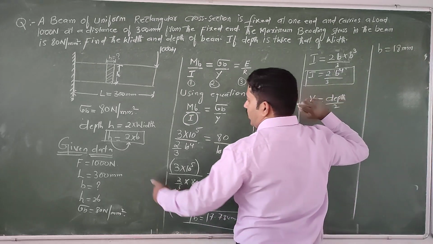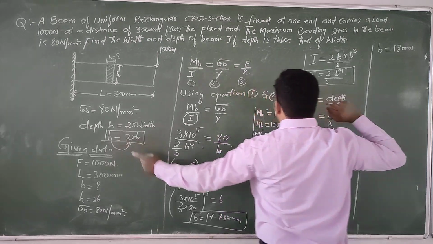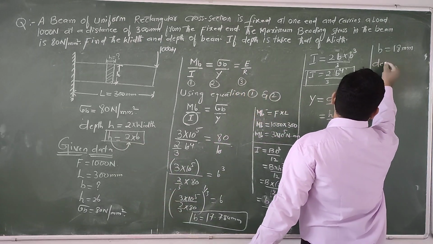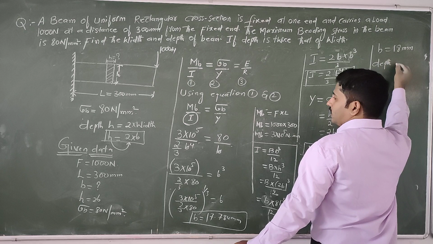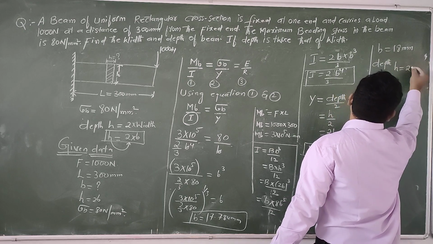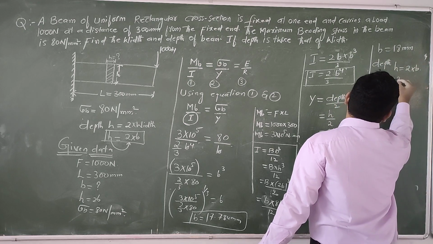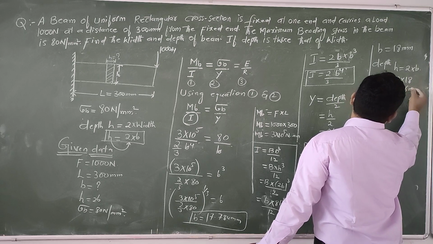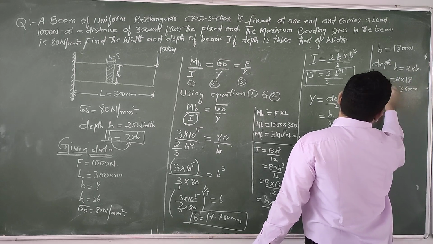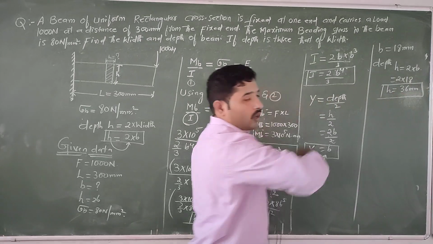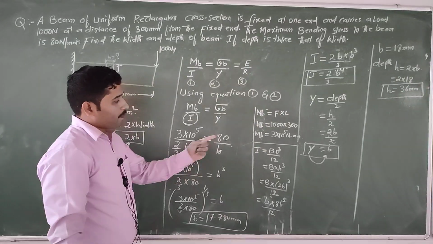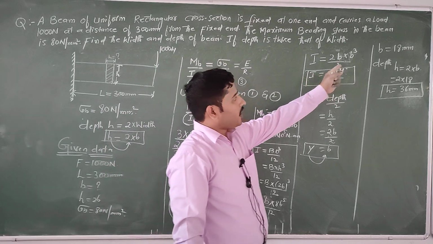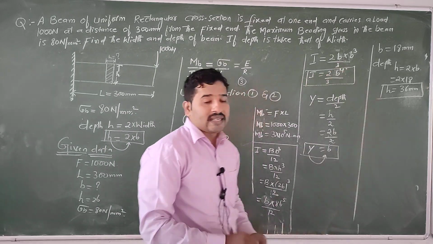Actually what we need to find out is the depth. The depth H equal to 2 times of breadth, 2 into 18 is equal to 36 mm. That is the value of H. The breadth value we got here is 18 mm, and height is 36 mm.